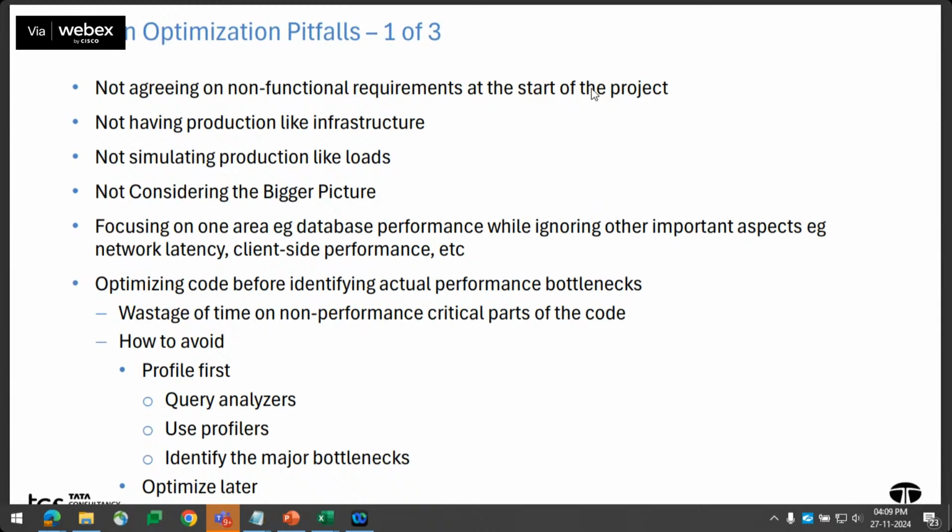If we are going to run during some festival and we expect huge data, then we cannot be running it on a standalone server.